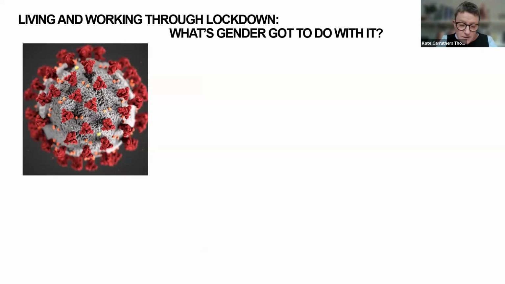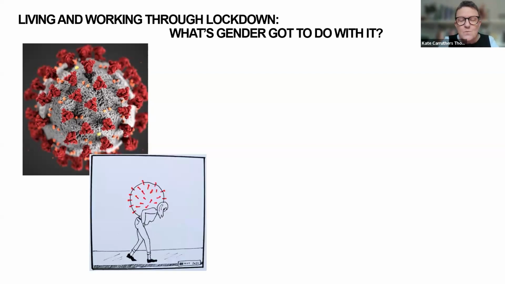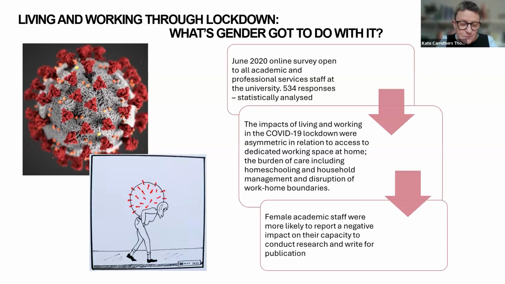I conducted an online survey open to all staff, which received 543 responses, meaning I was very much out of my comfort zone in terms of analysis. So to cut a long story short, I relied on a statistical expert colleague to analyse the data in terms of statistical significance. And our findings were that the impacts of living and working in the COVID-19 lockdown were asymmetric and gendered.